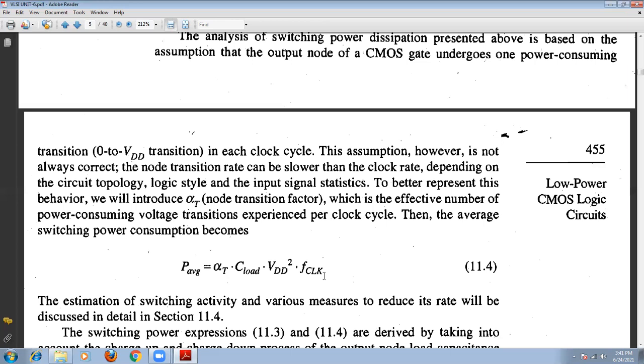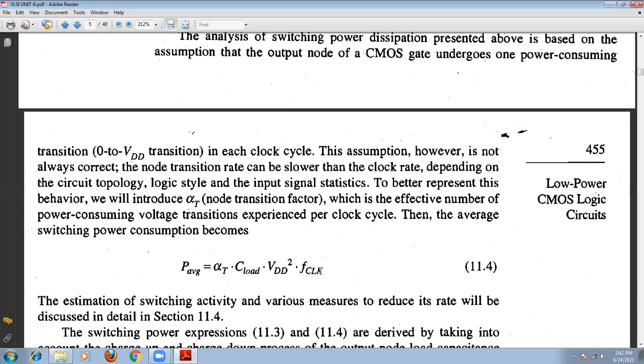So we have to consider the parasitic capacitance associated with each internal node, and this internal transition contributes to the overall power dissipation of the circuit.